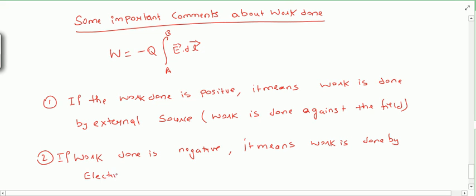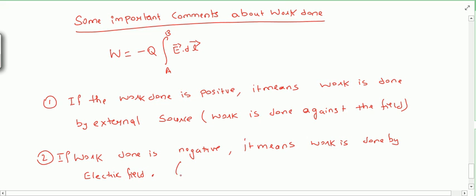That is, the charge will be moving along the direction of the electric field, moving because of the electric field force, and in that case work is done by the electric field and it comes out to be negative.